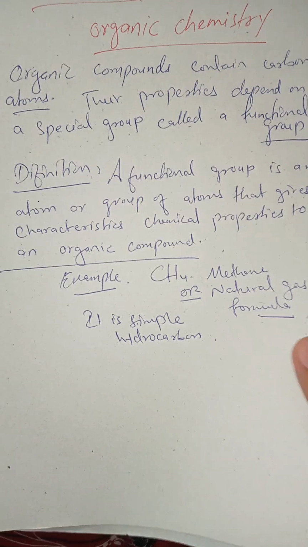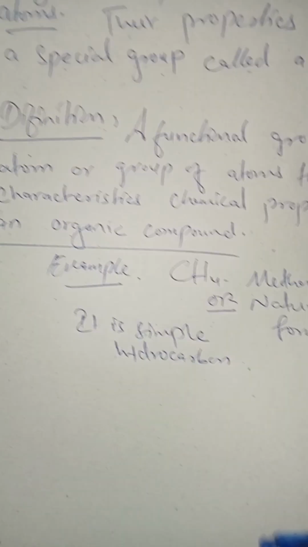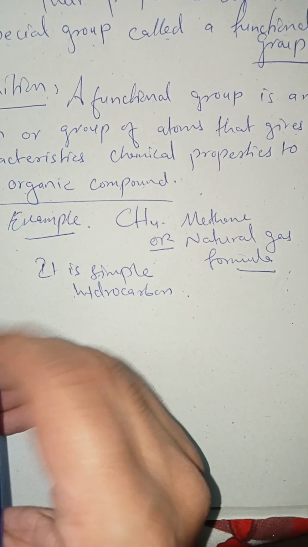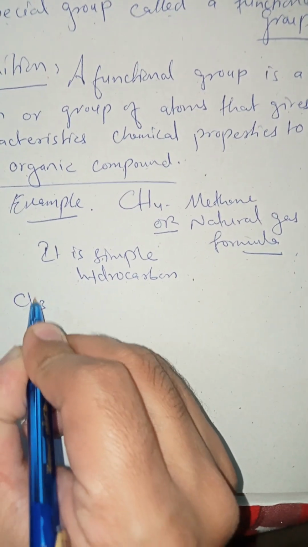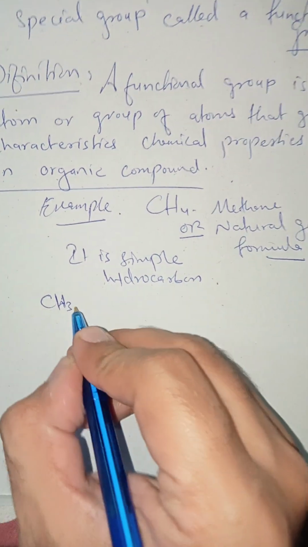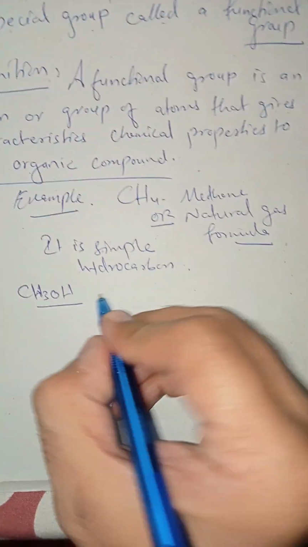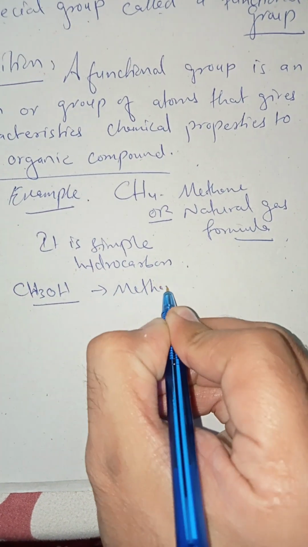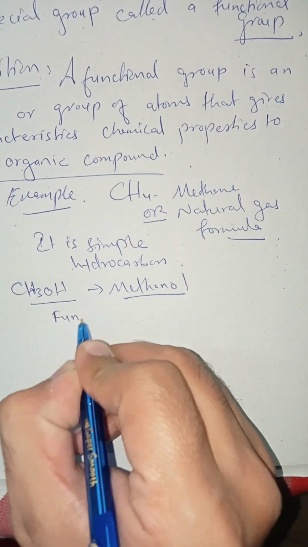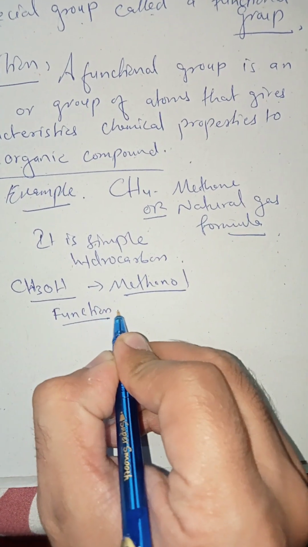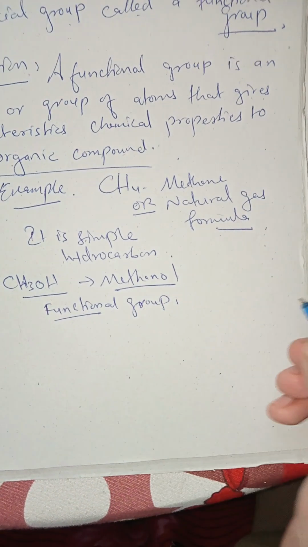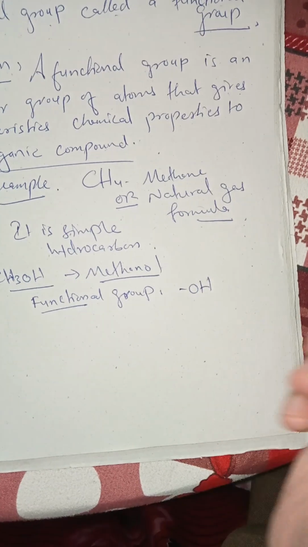For the functional group, we can take the example of CH3OH. That is methanol. There is one functional group. That is OH.